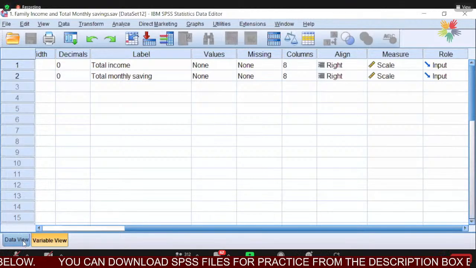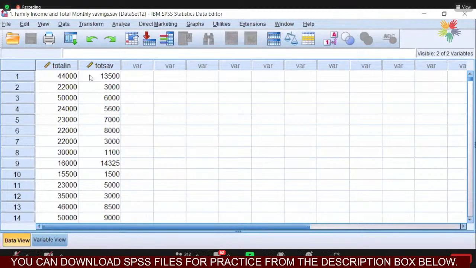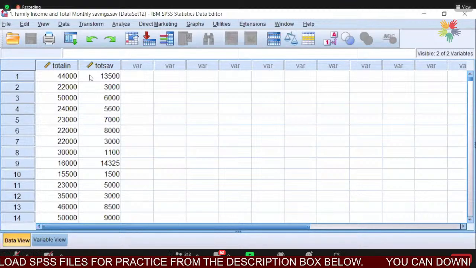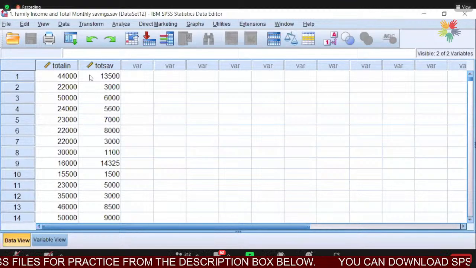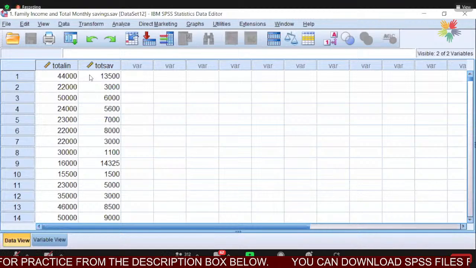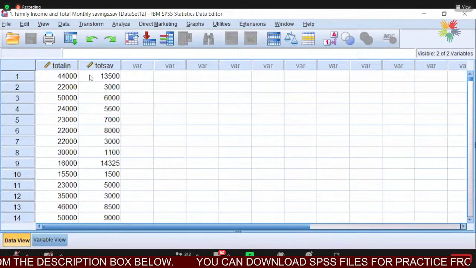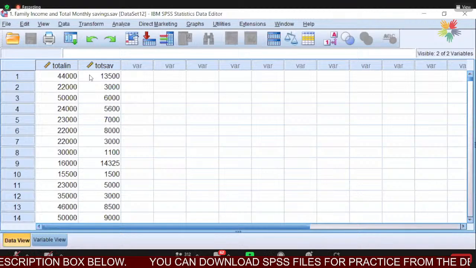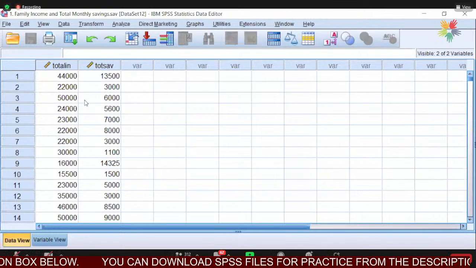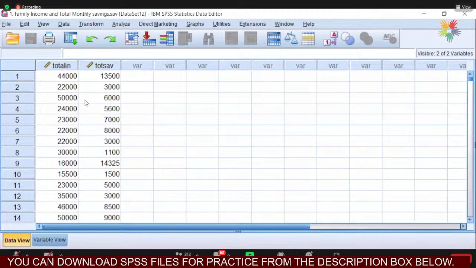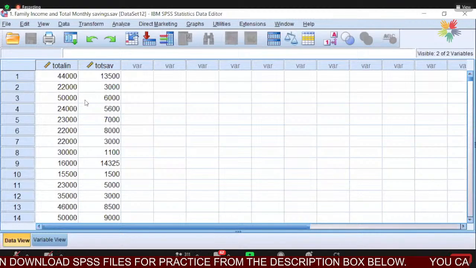If you look at the data itself, all are different values, so I can find out only the mean.